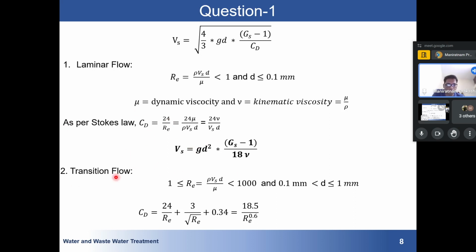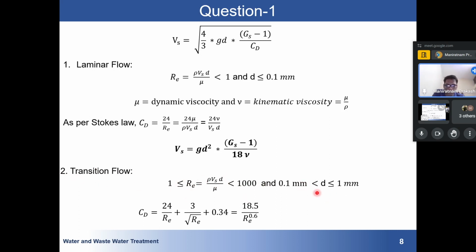Suppose now in some other treatment unit, at some other places, your flow is transition flow. At that point, you will put in the values and calculate Re, and if it is greater than or equal to 1 and less than or equal to 1000, then that will be termed transition flow.